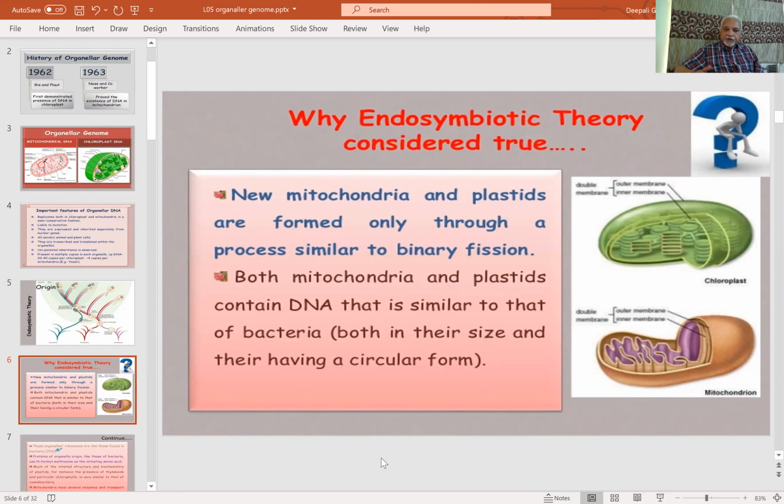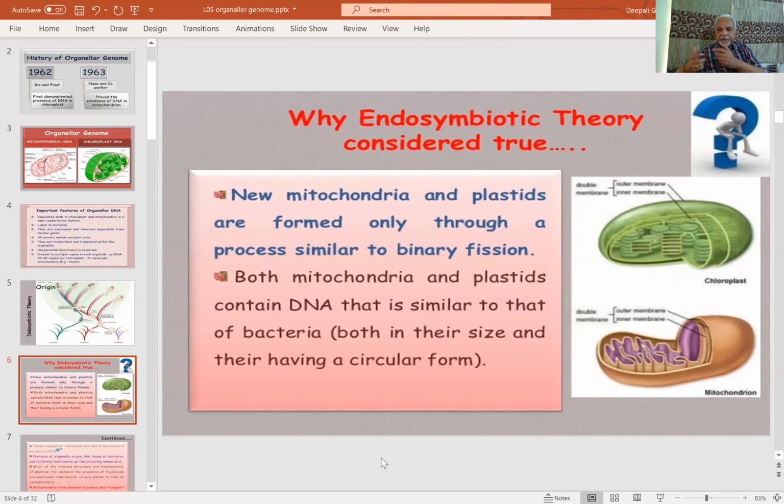Now, what supports this endosymbiotic theory? There are certain features which support this. Both mitochondria and plastids, which are the initial form of chloroplast, are formed by a simple process of binary fission, which is seen in bacteria.